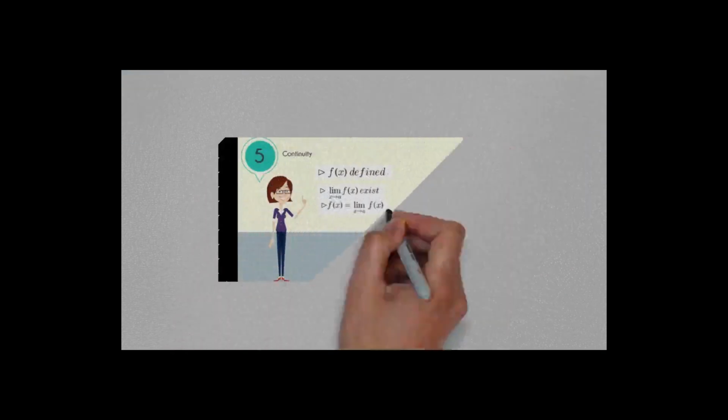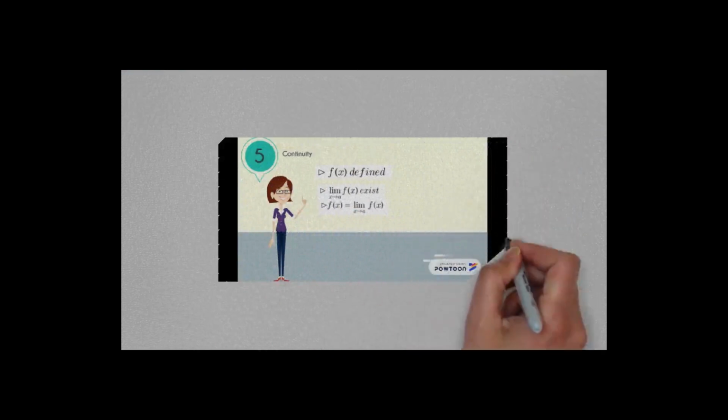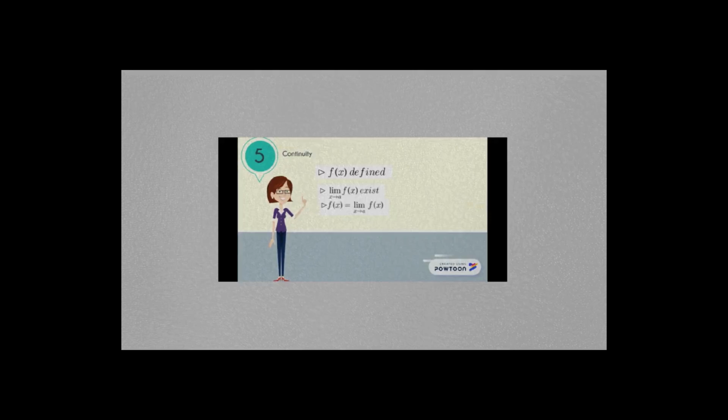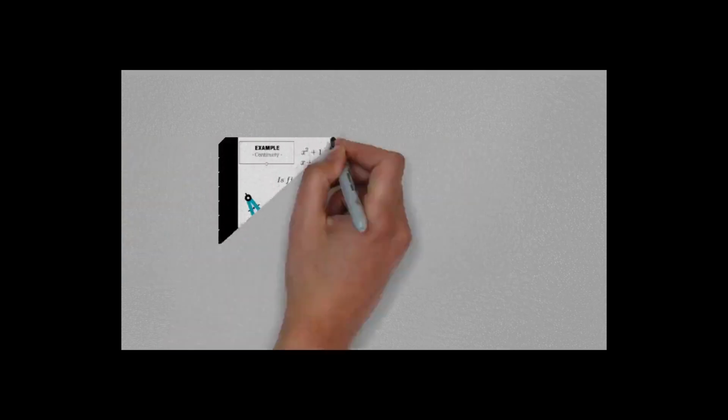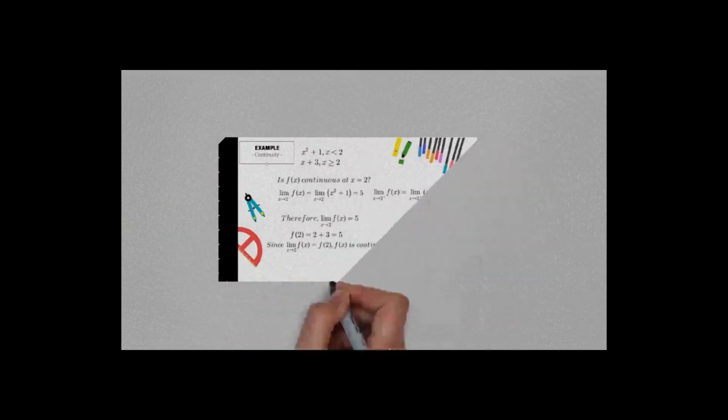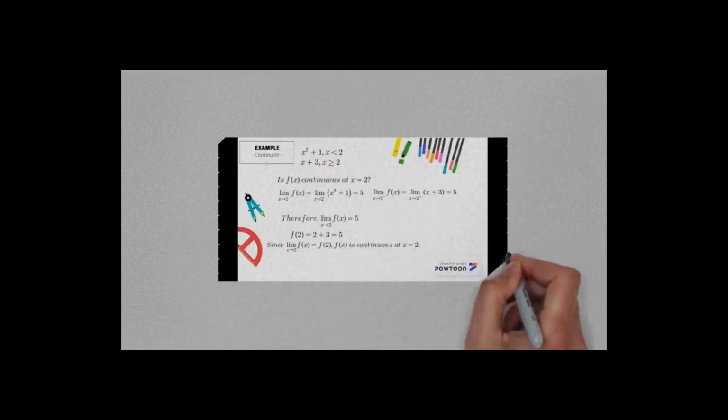Continuity. f(x) is defined, the limit exists, and the limit as x approaches a of f(x) equals f(a). And then this is the example of continuity: x squared plus 1 for x less than 2, and x plus 3 for x more than 2.